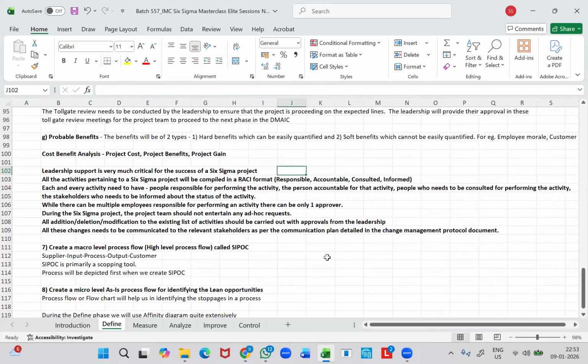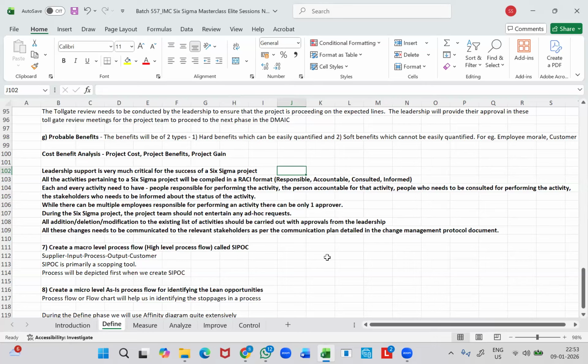That means for each and every activity, we will come up with the people responsible for executing that activity on the ground, the person who is accountable for that activity, the people again who needs to be consulted for performing that activity, and the stakeholders who needs to be informed about the status of that activity.